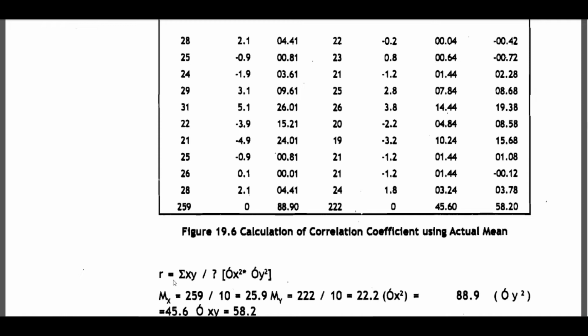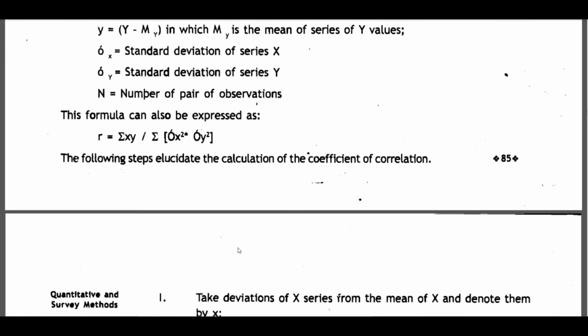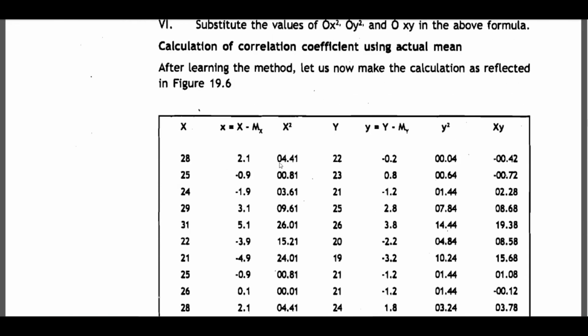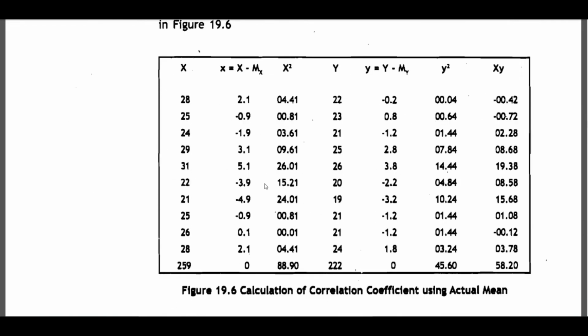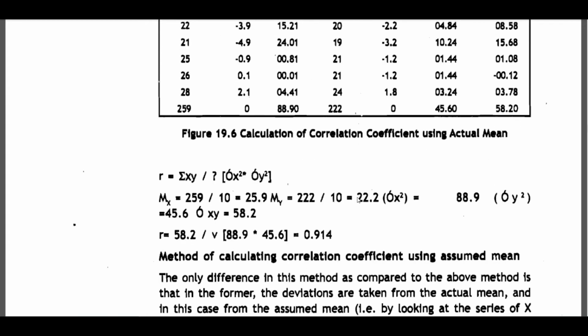The formula is r is equal to the sum of xy divided by the square root of the sum of deviation squares, x square and y square. Those values we have already calculated in these columns. So if we substitute those values, we will get the respective r value. It has come as 0.914.